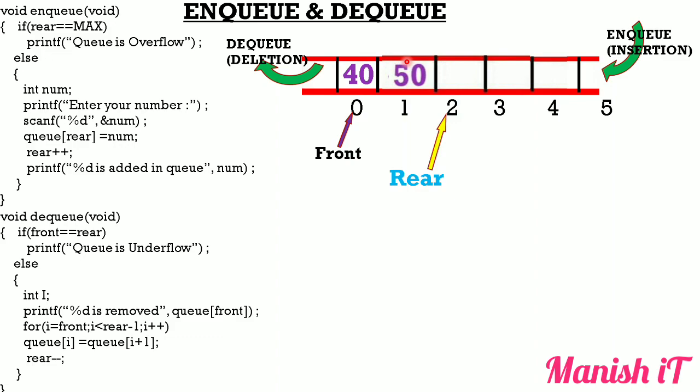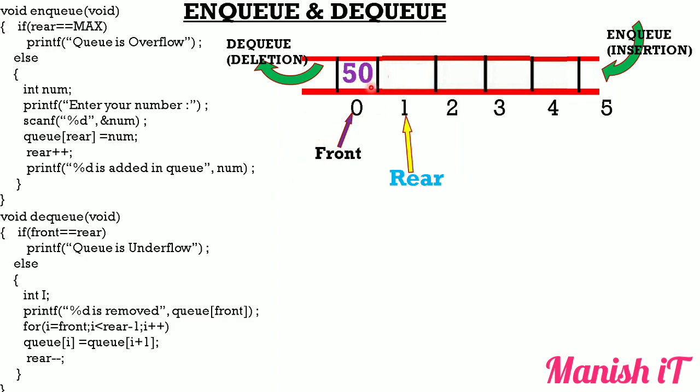Once again the user calls the dequeue function, meaning the user wants to delete this 40 element from our queue. After it is deleted, 50 is stored here, and our rear is decremented by 1, and it starts pointing to the second location, that is first indexing. Now again the user calls the dequeue function and wants to remove this 50.